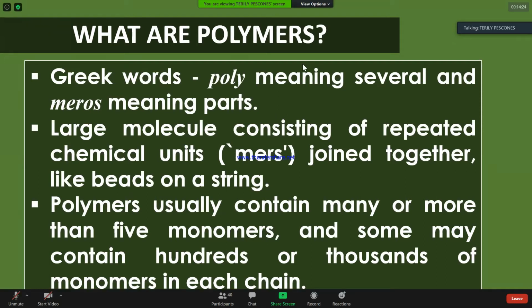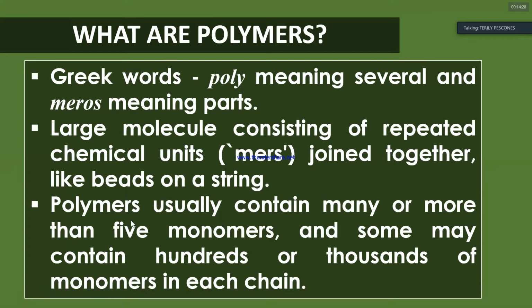So usually contain many or more than 5 monomers, and some may contain hundreds or thousands of monomers in its chain. So ibig sabihin, if it already contains more than 5 monomers, then we can classify that as polymers. Although, kadalasan na natin are those that contain really a great number of monomers.